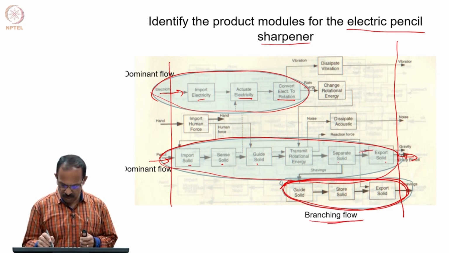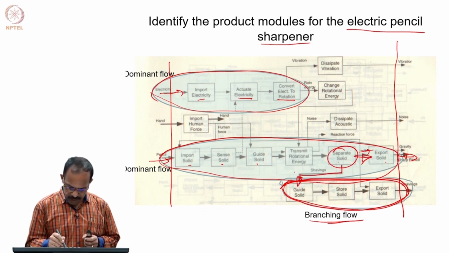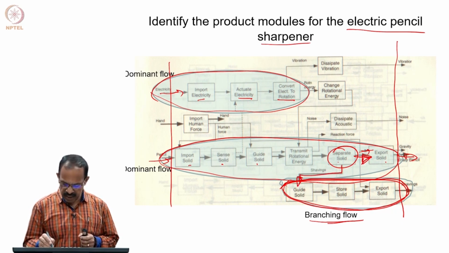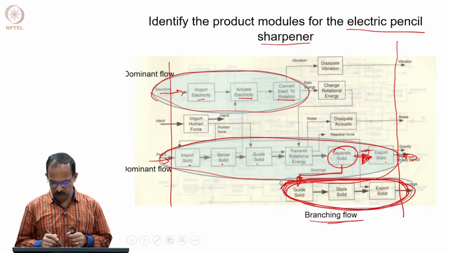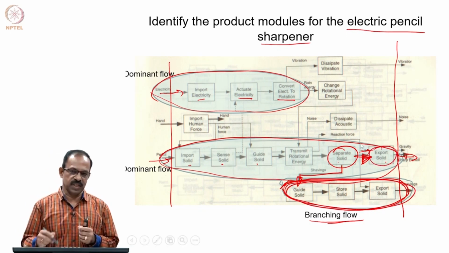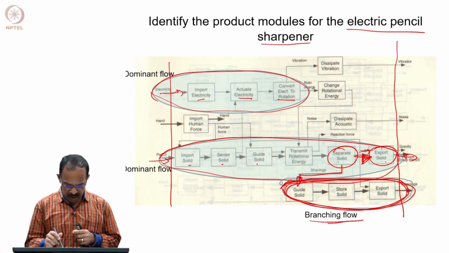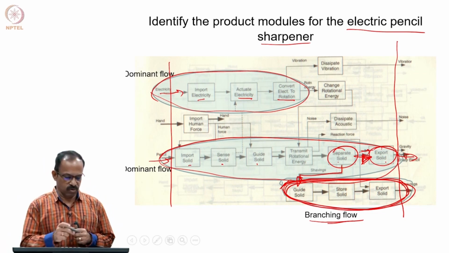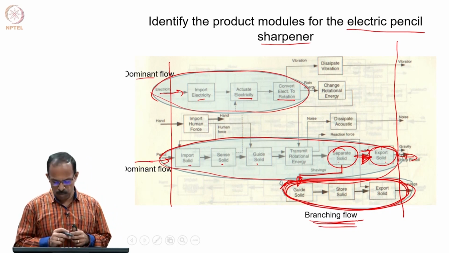The material solid goes one way here and one way out here. So, this can be considered a branching flow, and therefore this becomes another module, a branching flow module. And this becomes another one, but since only one function is there, we need to see whether it can be taken as a separate module or not. Otherwise, it becomes part of the branching flow module. So, these two are the dominant flow modules and this one is a branching flow module.